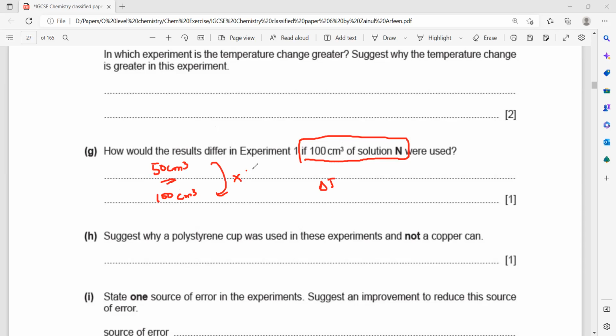Because if we double the volume... what actually happened, as you can see here, in the first experiment in a polystyrene cup, we took 50 cm cube of solution N, and from a burette we added nitric acid. How much nitric acid was added? 40 cm cube of nitric acid was added.